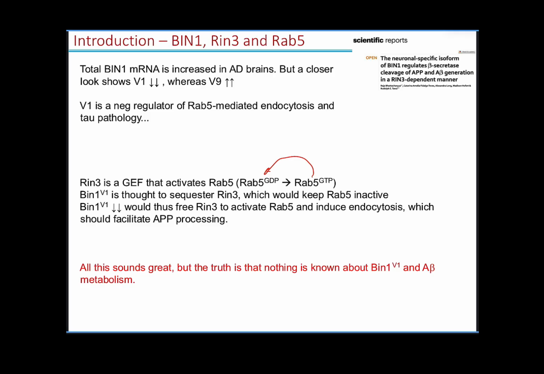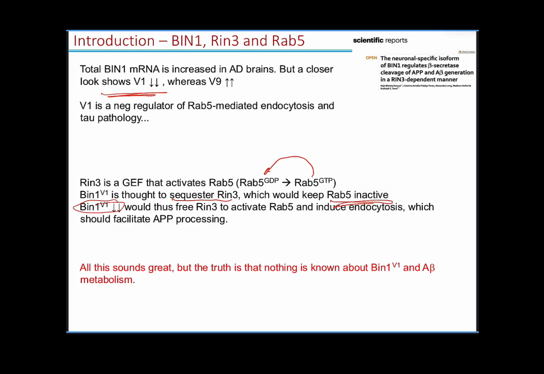Observations have shown that during AD progression, there is a significant decrease in V1. If V1 is sequestering Rin3 and keeping RAP5 inactive, then the decrease in V1 expression would free Rin3, which could then go find RAP5, do the swapping of GDP for GTP, and activate it.